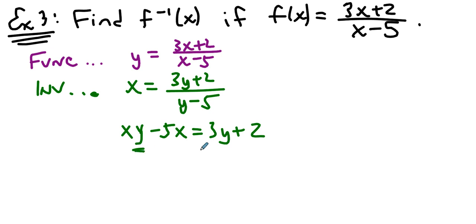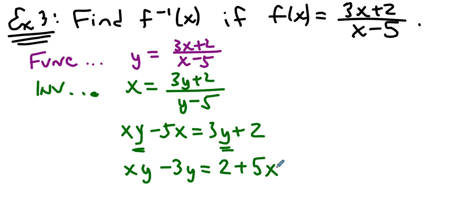Well, now I've got a y here and a y here. Well, let's kick all the y stuff to the left side, and let's kick the non-y stuff to the right side. Well, now maybe I can get y by itself. I can probably get y by itself if I factor. So let's factor.